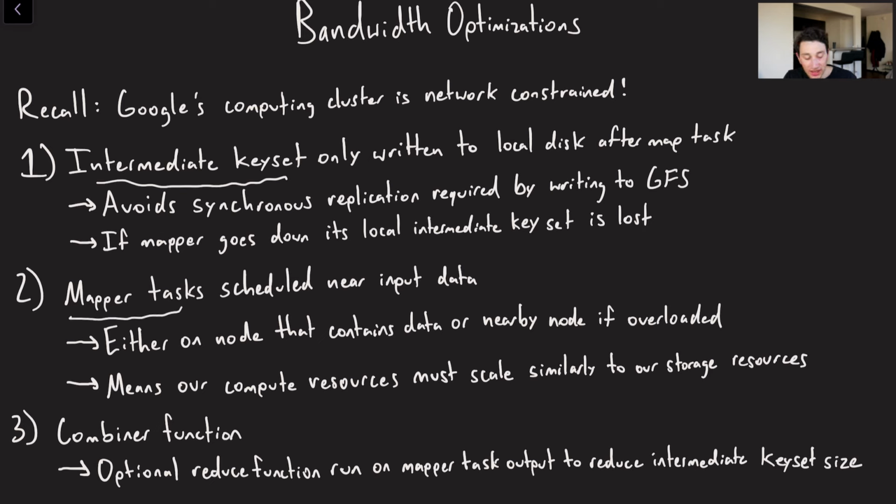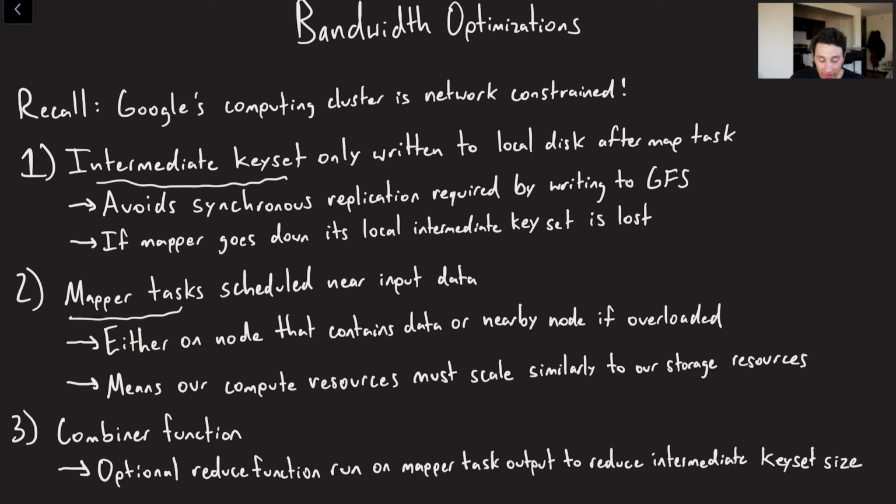Number 2 is that mapper tasks will typically be scheduled near or on the same exact node where input data is stored. Basically, we are aware of which computer has the hard drive holding the input data, and we can schedule the mapper task either there or, if it's super busy, on a computer that is at least in the same data center.